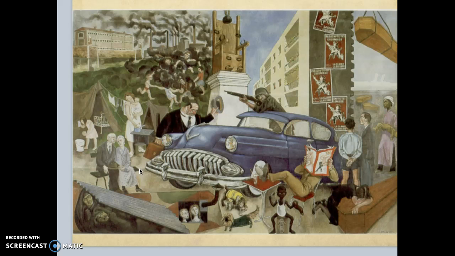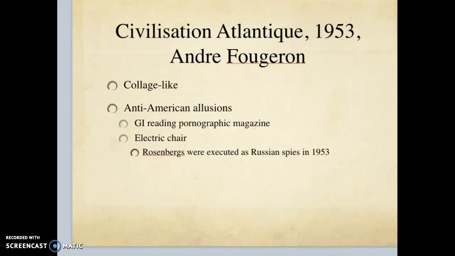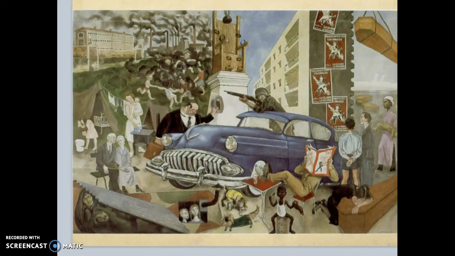Again, the American GI, cars, industrialization, tenement housing, the influence and death that has happened as a result of American intervention in a lot of ways since the Cold War. And if you look at the date on this, 1953, this is after World War II. This is around the time when the US is involved in Korea and has really taken up as a mandate the idea that they're going to go throughout the world and oppose communism in various countries.